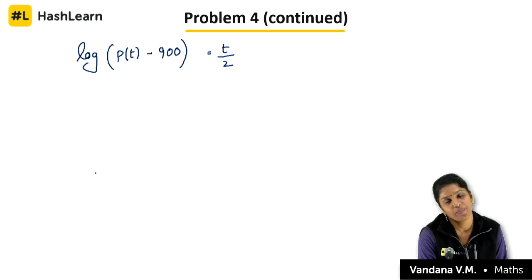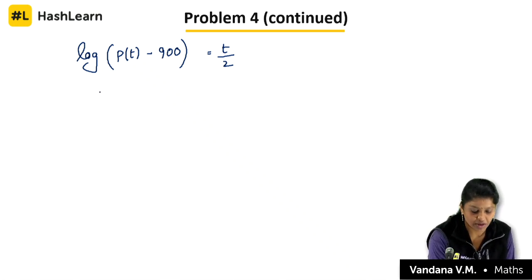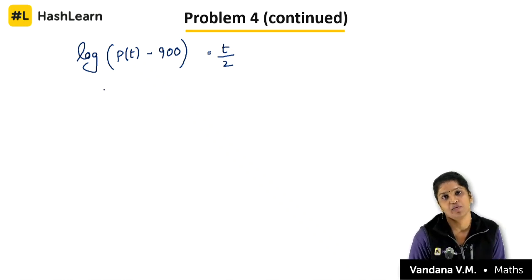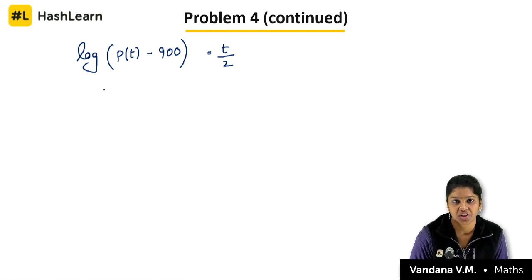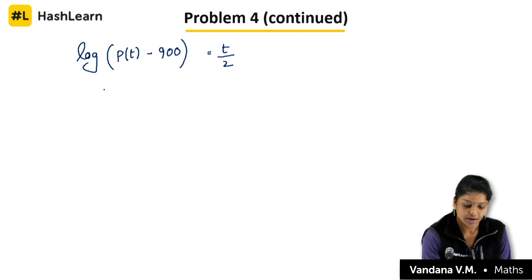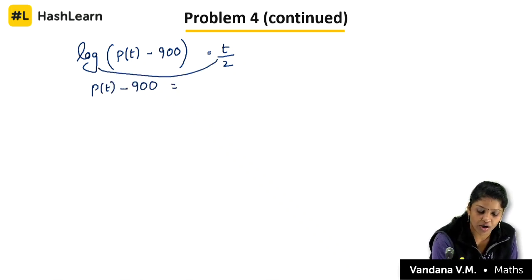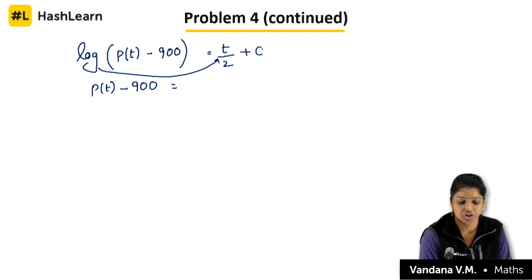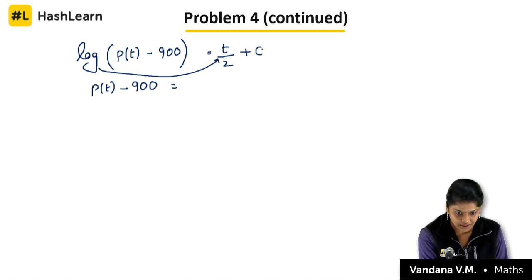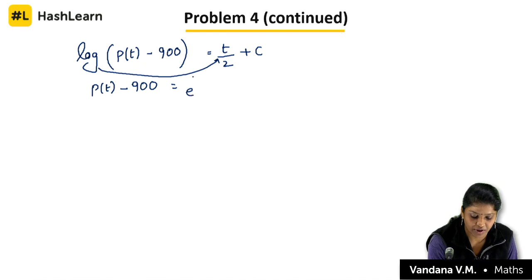Here also I want the P(t) value, here I want the time when the population becomes 0. After the completion of the integration I have to write plus c. So, e power t by 2 plus c.